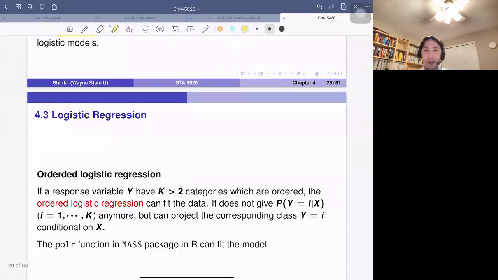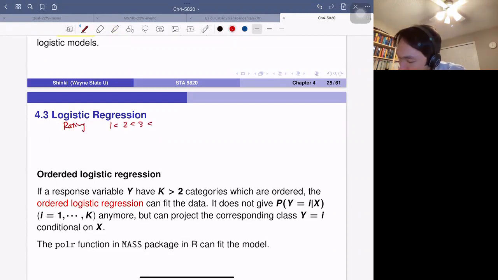And the next one is the ordered logistic regression. Sometimes the response is categorical but ordered. Typically a rating, for example, a movie rating from 1 to 5. Maybe 1, 2, 3, 4, 5 is a little bit misleading.